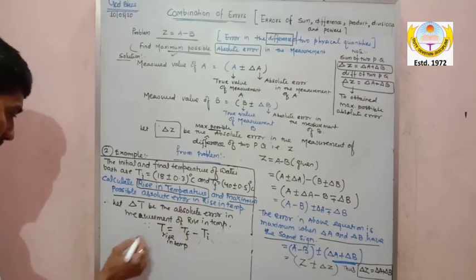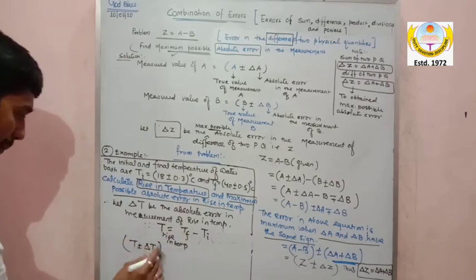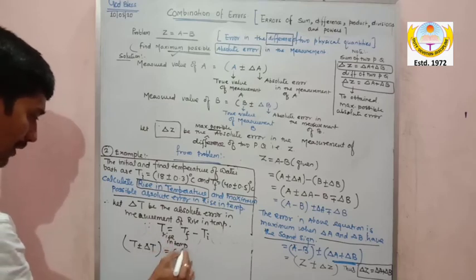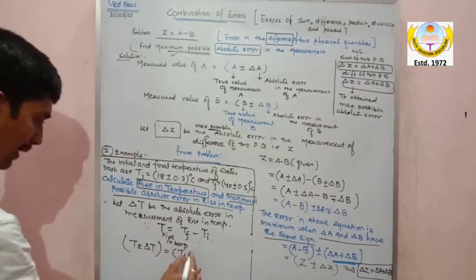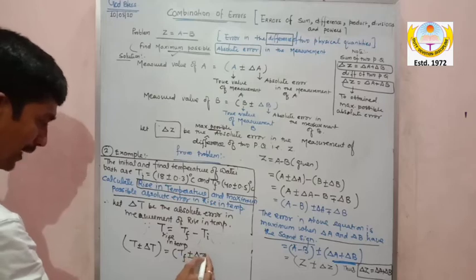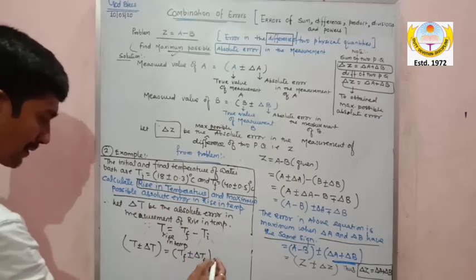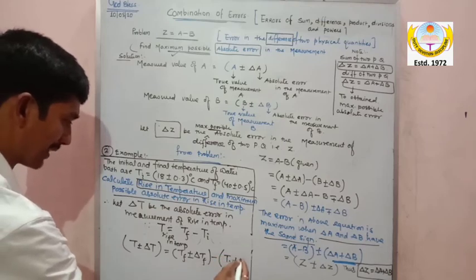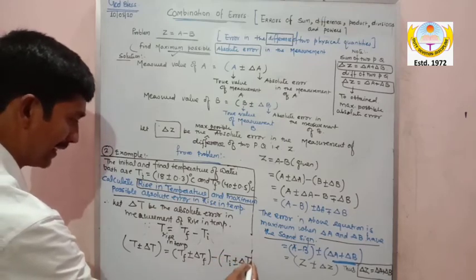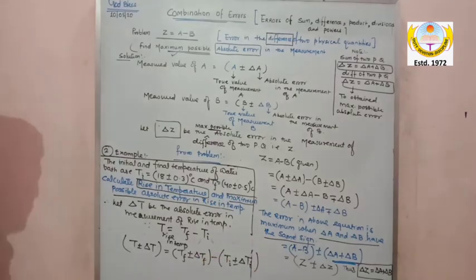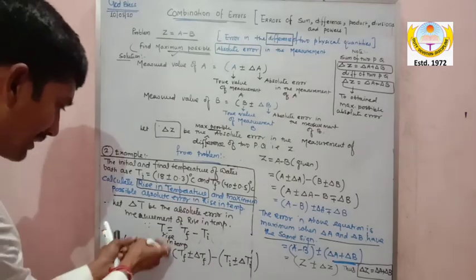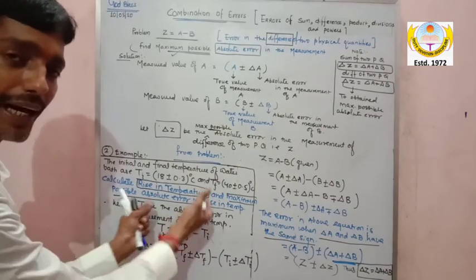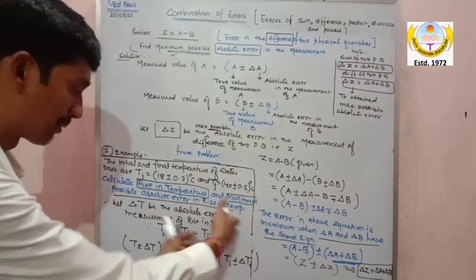So the next step is, this can be written as T plus minus absolute error in rise in temperature is equal to TF as a true value plus minus the absolute error in final temperature, minus TI as the true value plus minus absolute error in initial temperature. I have only written this step with the absolute error in each measured quantity.